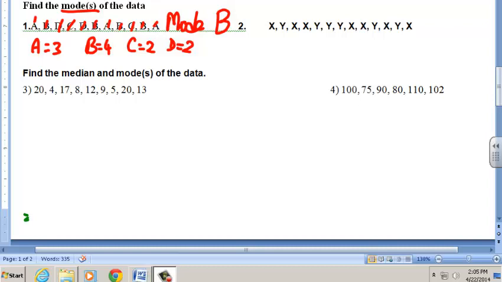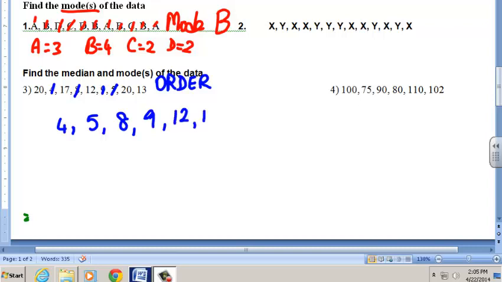Let's move on to the next problem, where it's asking us to find the median and modes of the data. So in the third problem, again, remember, the first thing we have to do is order the data. 4, 5, 8, 8, 9, 12, 13, 17, 20, and another 20.